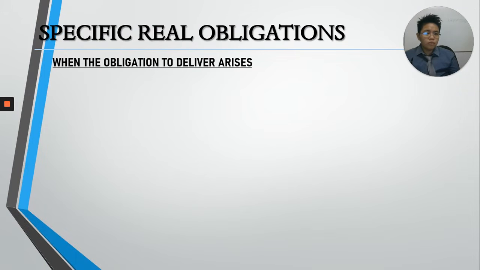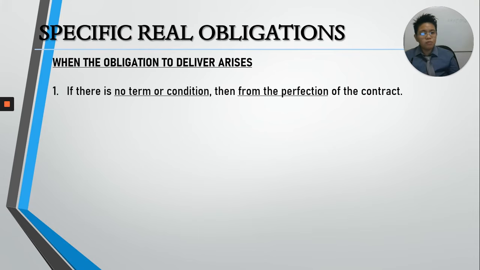Substitution is only possible if the creditor agrees. Now, please take note also of the rule as to when the obligation to deliver arises. Earlier, we discussed when the obligation to deliver fruits arises. Now we are discussing the object itself. If there is no term, no period, no condition, it is from the time of perfection. Perfection again, when the parties have an agreement, deliver already.